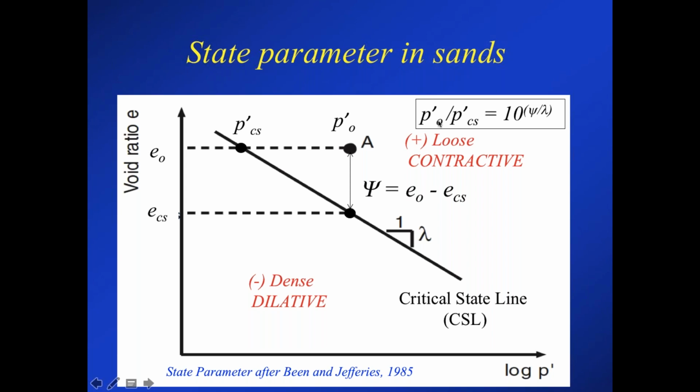Up in the corner is the equation. If it's in log to the base 10, the stress ratio would be 10 to the power of the state parameter divided by the slope of the critical state line. And of course, if the critical state line is curved, it would be the slope over that range of stress. So a little bit of background.